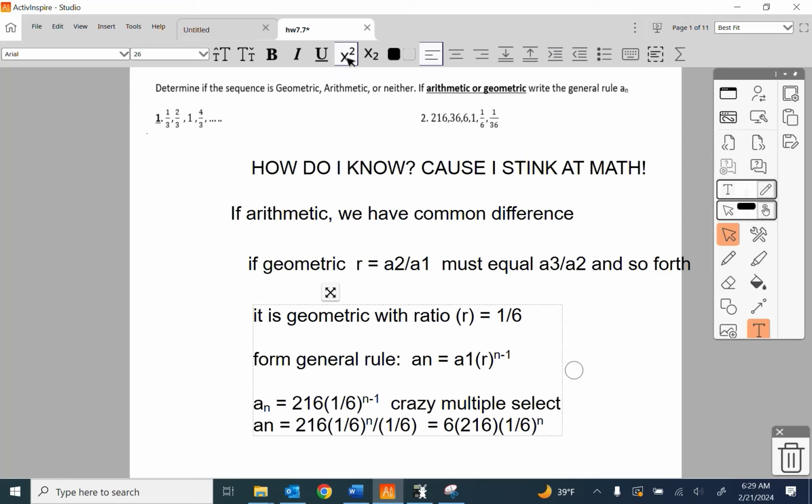I'll call it exponents. Anyways, what would that be? That'd be 1296 times 1/6 raised to the n. Sorry, just the n. I don't know if they will or not. Sometimes they test these questions by looking to see if you can manipulate exponents.